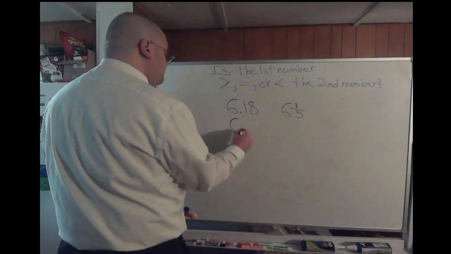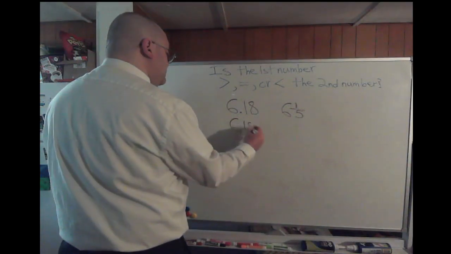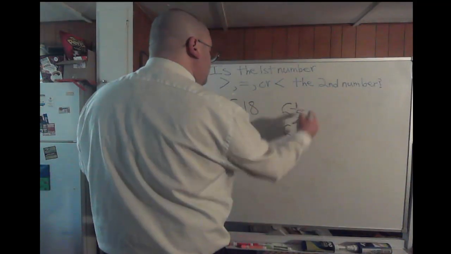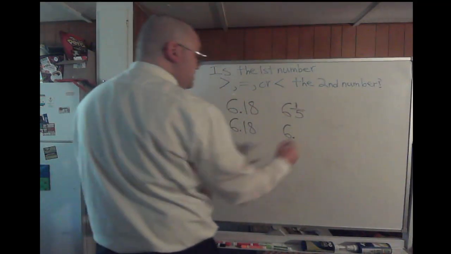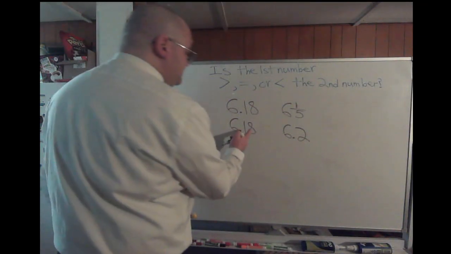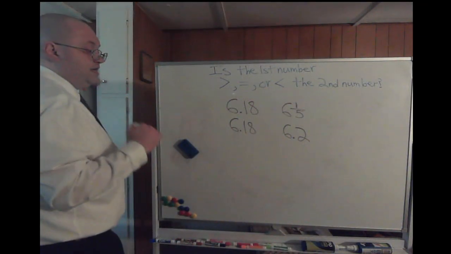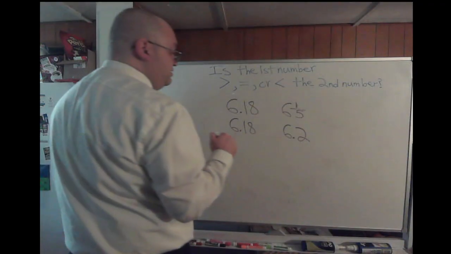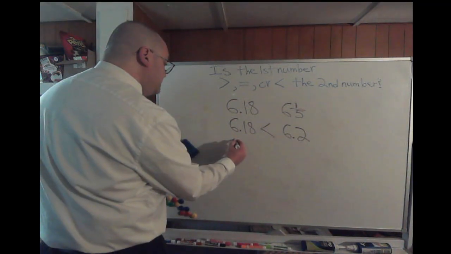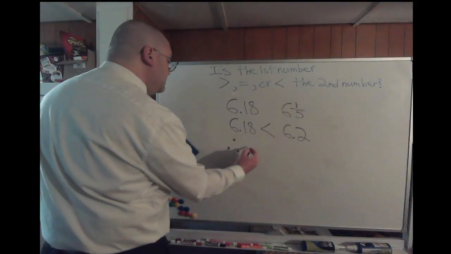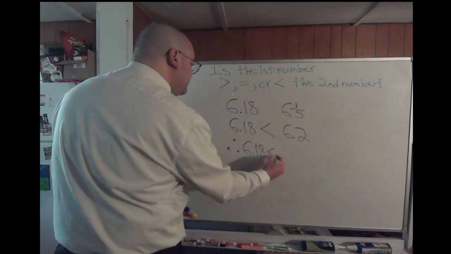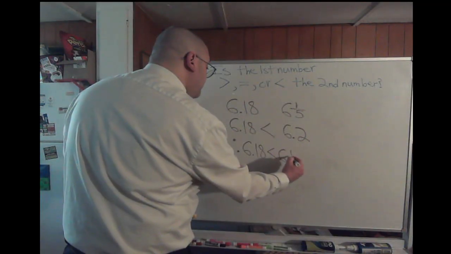The 6 1/5 means you'll have 6 point something. What is 1/5 as a decimal? It's 0.2. So you'd have 6.2. Now, is 6.18 greater than, equal to, or less than 6.2? Clearly it's less than. So therefore, 6.18 is less than 6 1/5.